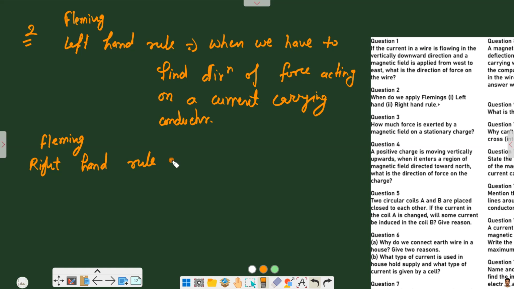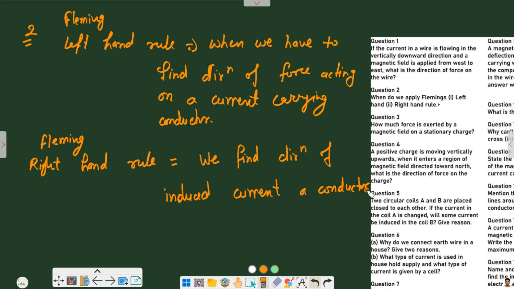With Fleming's right hand rule, we find the direction of induced current in a conductor. So this is the answer to the second question.